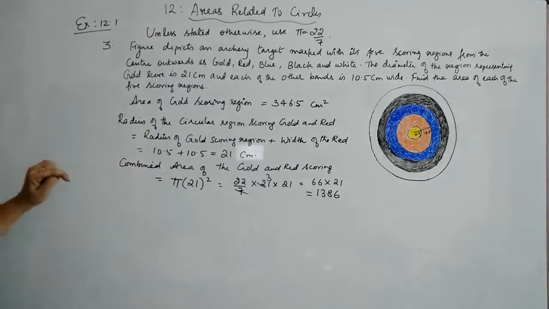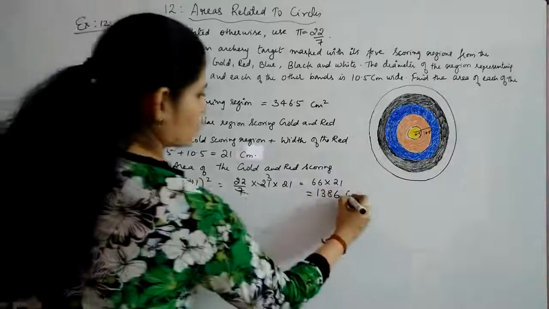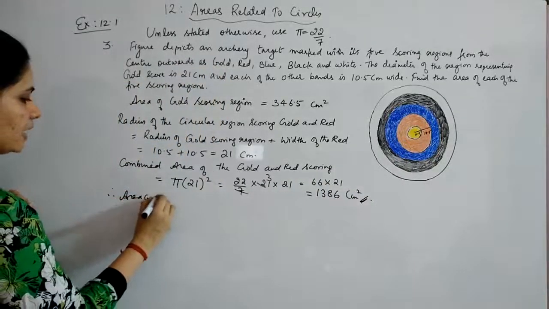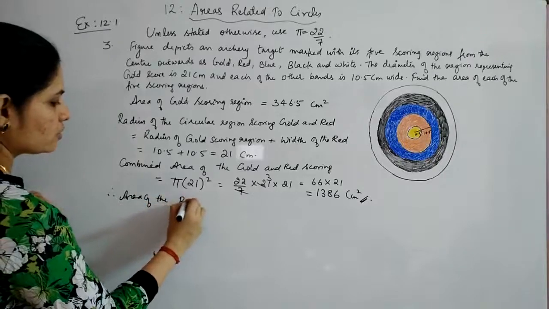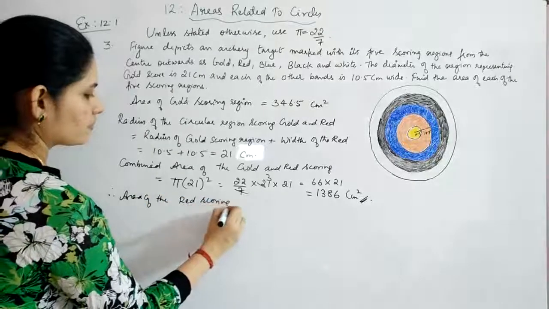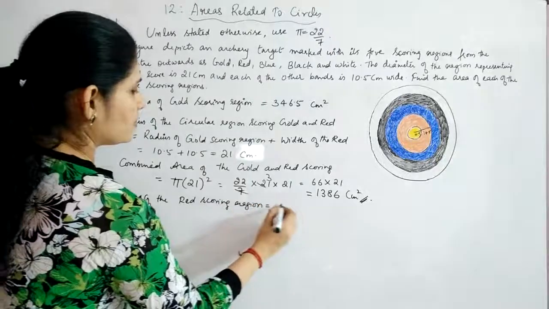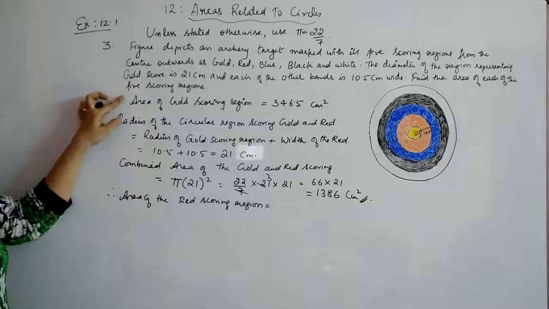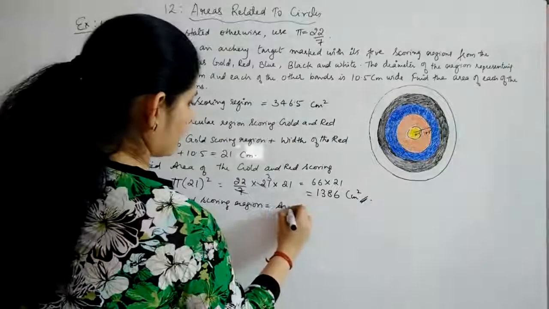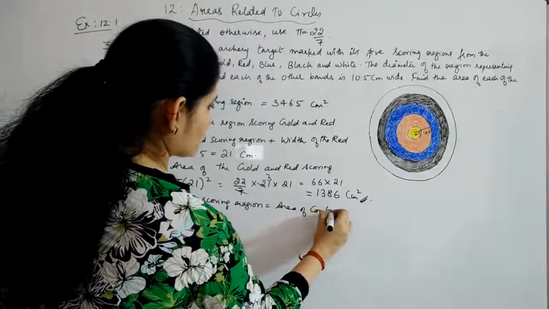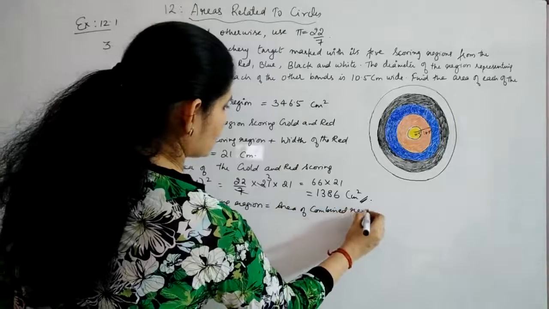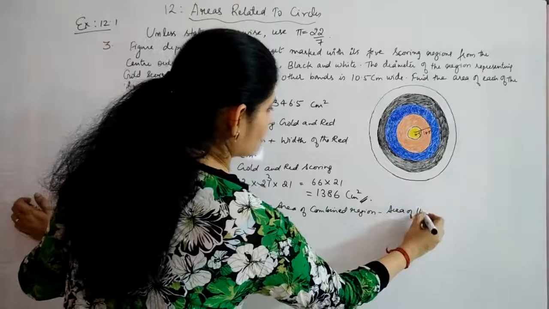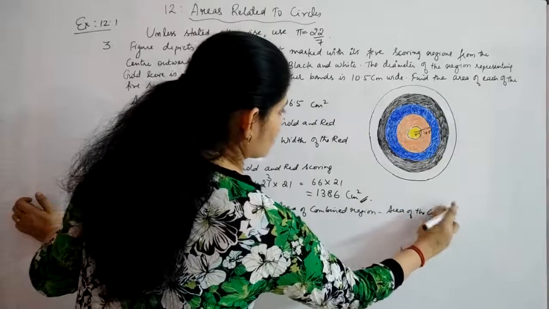You should note that this is the combined area and you have to find out the area of only the red scoring region. So this is your combined area. Therefore, area of the red scoring region will be equal to the area of the combined region minus the area of the gold scoring region.